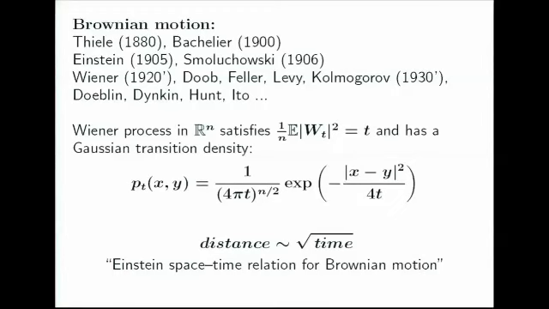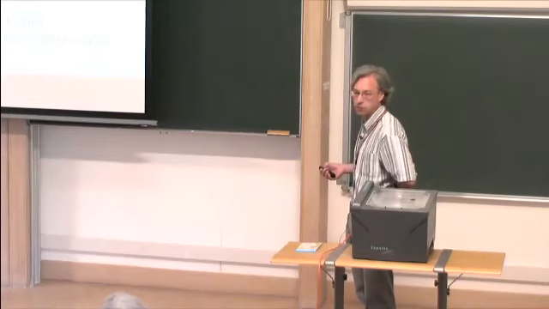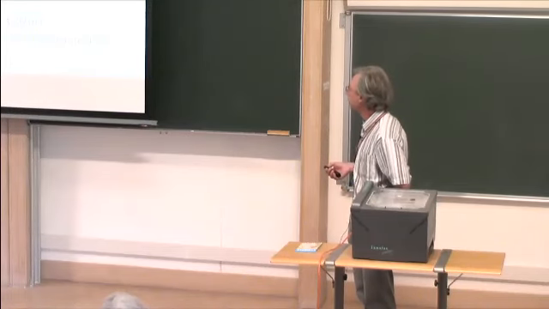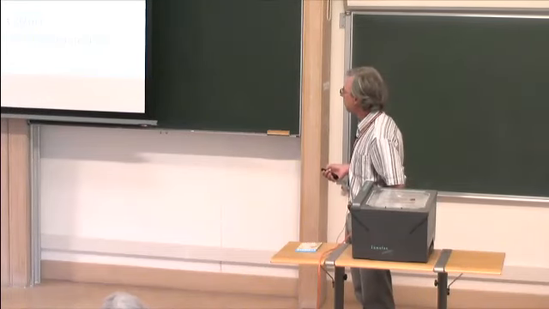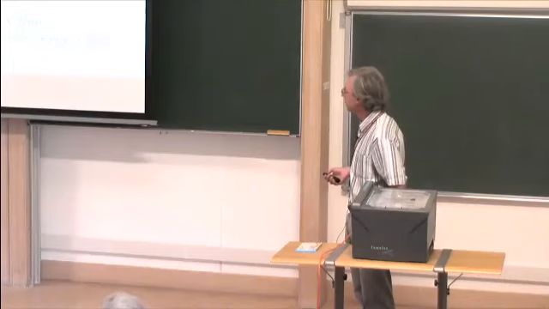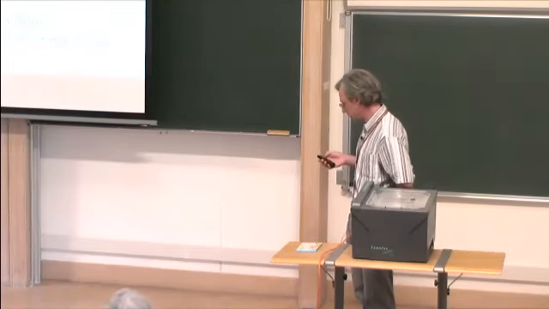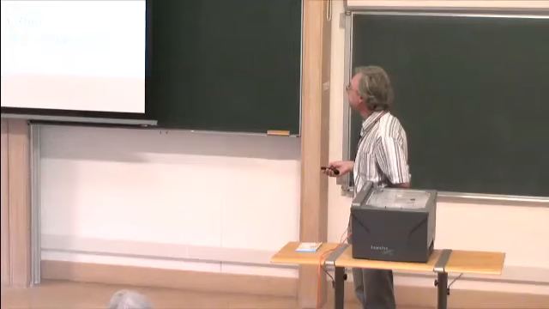So Brownian motion in mathematics is usually called Wiener process, and it has Gaussian transition probabilities. This is, of course, what Einstein understood. And in particular, there is this fundamental relation where distance scales like the square root of time. And maybe this is one of the important discoveries of Einstein.